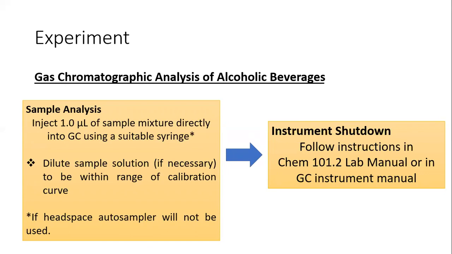However, if the instrument is automated, you will just use the headspace, so you just need to prepare your sample solution. After performing the analysis, for the instrument shutdown, you need to cool the instrument back to room temperature before you turn it off.